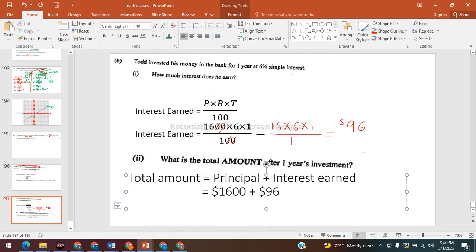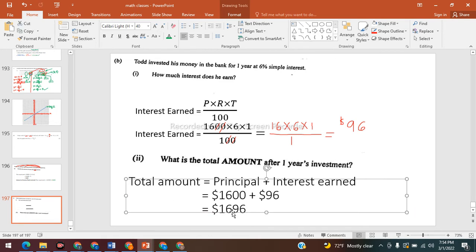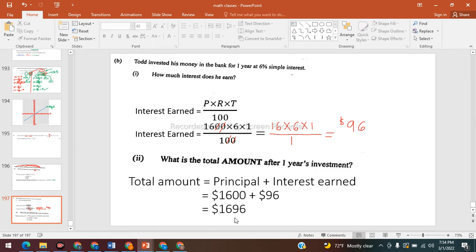This is equal to $1,696. Okay, and that's that. So send in those for me.